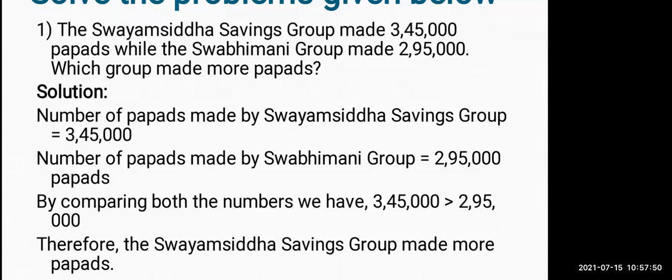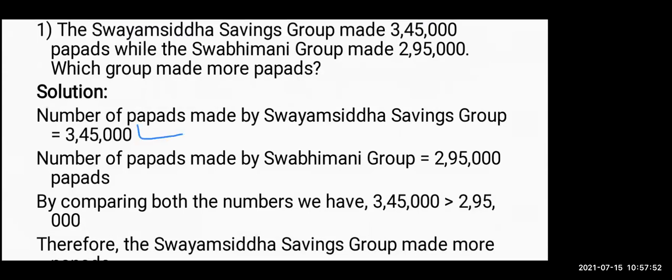That is 3,45,000. The second statement, what are you going to write? Second, what was ours? Swabhimani group. So we will write number of papad made by Swabhimani group. How much did they make? 2,95,000. First statement we write, and the second statement also the same.